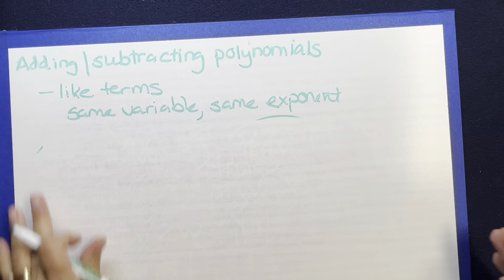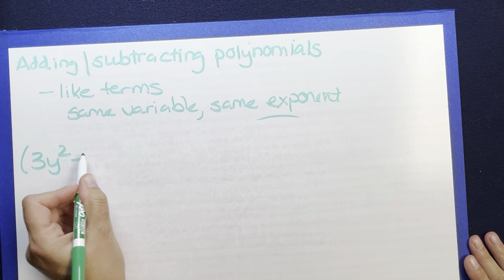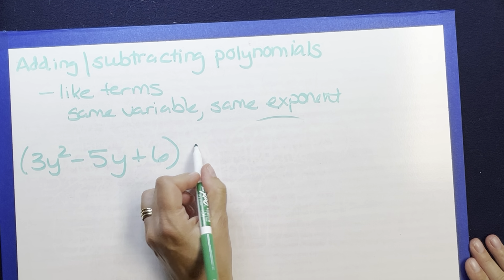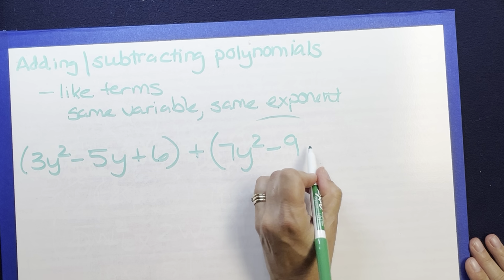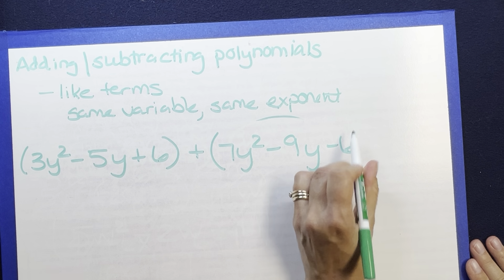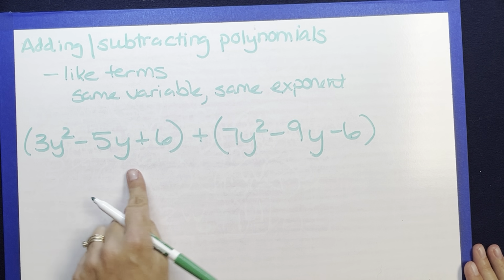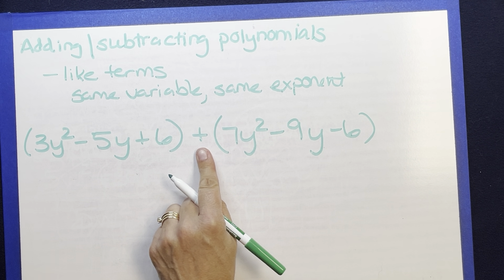So this time I'm going to have 3y squared minus 5y plus 6 plus a 7y squared minus 9y minus 6. Now, I have two trinomials, but I have an addition sign, which makes this much easier.